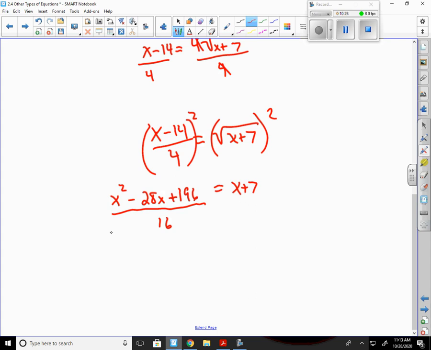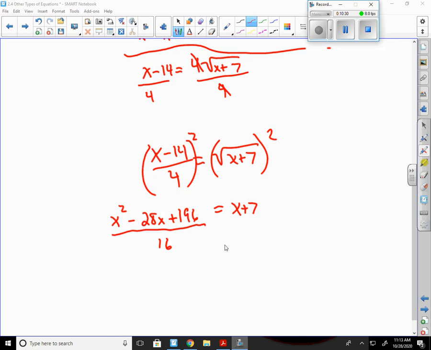Now let's get it all on the same side. Well, I could keep going with this way. I'm thinking about the fact that this 16 is over here. I really should have left the 4 over here before squaring it. So now I can multiply the 16 back over, which is really like undoing what I just did. Because I don't want to have to come up with a common denominator for both of these and make it work that way.